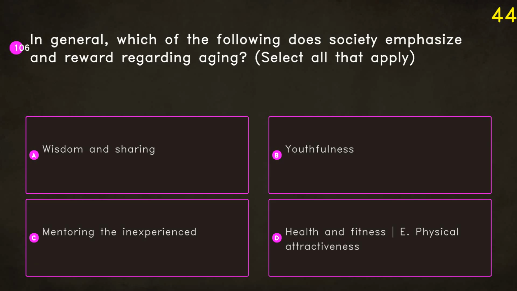Question 106. In general, which of the following does society emphasize and reward regarding aging? Select all that apply. A. Wisdom and sharing. B. Youthfulness. C. Mentoring the inexperienced. D. Health and fitness. E. Physical attractiveness.